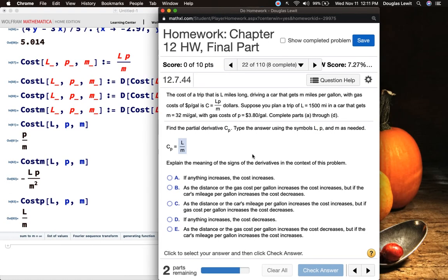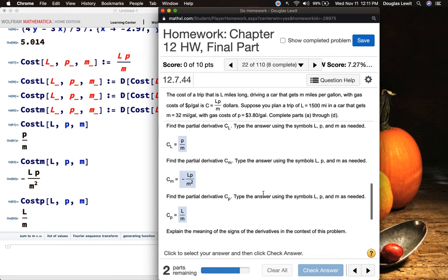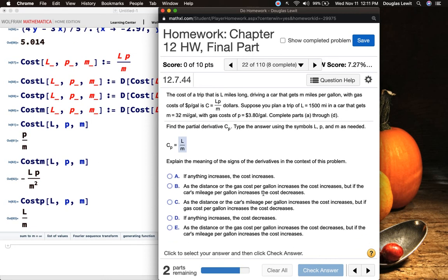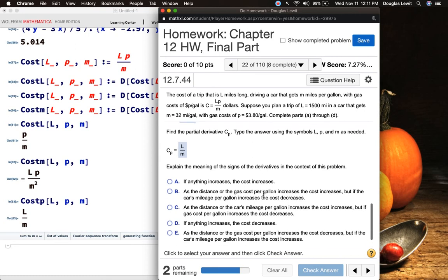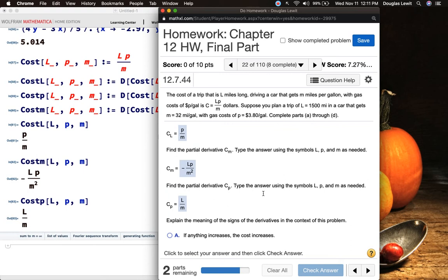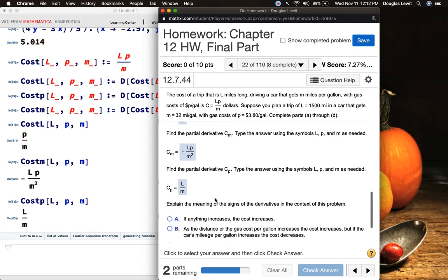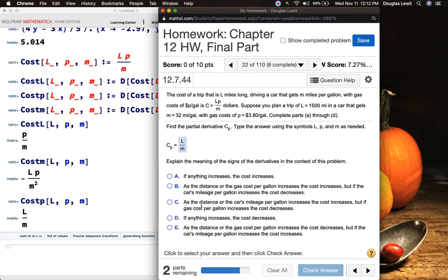Explain the meaning of the signs of the derivatives in the context of this problem. Okay, let's take a look at this. Well, we can see here as the mileage increases, the total cost is going to decrease. As the distance or the gas cost per gallon increases, the cost increases.